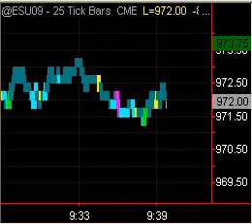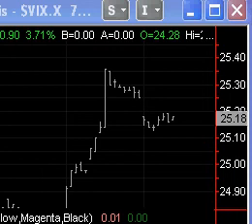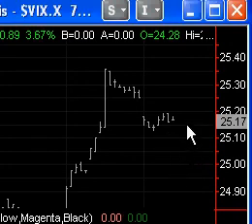Okay, here's the VIX on the 7-tick bar, and so that gap that you see right in here, now that will get filled. There's only one way that's going to get filled, and that's for the VIX to move back up. So that will cause the SPOOs to move down. Let me rephrase that.